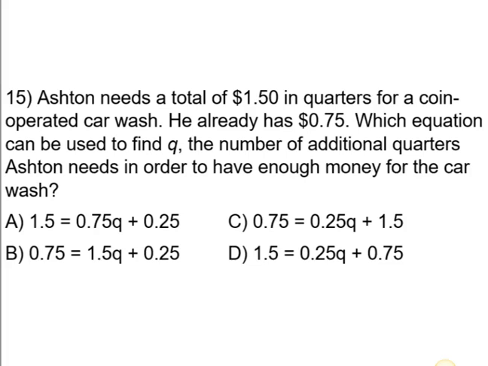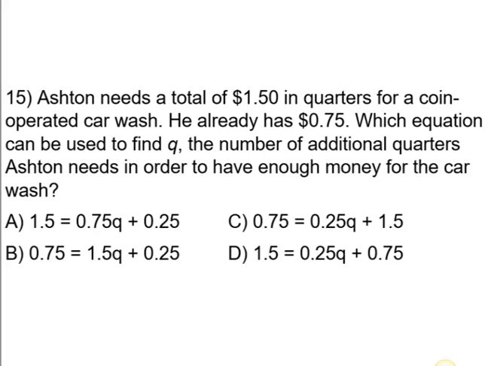Ashton needs a total of $1.50 in quarters for a coin-operated car wash. He already has 75 cents. Which equation can be used to find Q, the number of additional quarters Ashton needs in order to have enough money for the car wash?